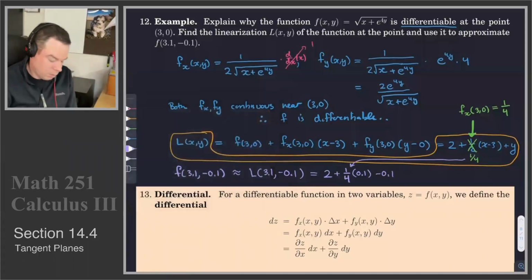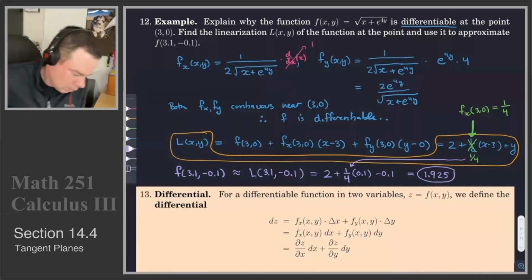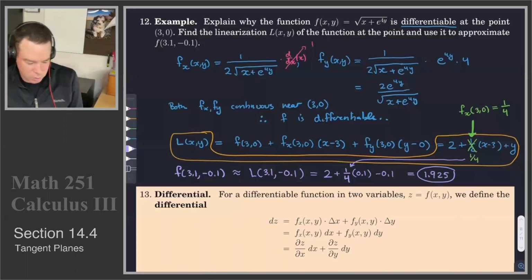Okay, and so there's our linear approximation for the function value at that point. And we could work this out. This is about 1.925. So it says that if we were to plug 3.1 and negative 0.1 into our function f, we're going to get a value that's pretty close to 1.925.